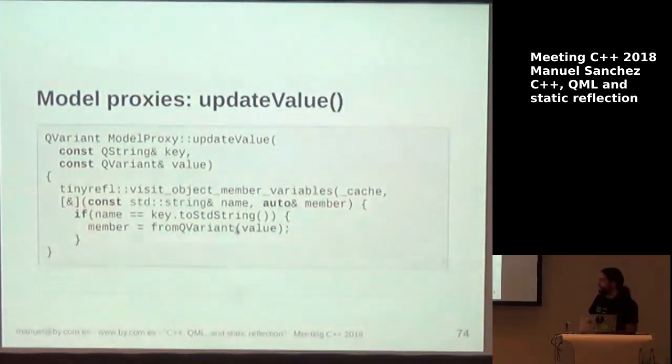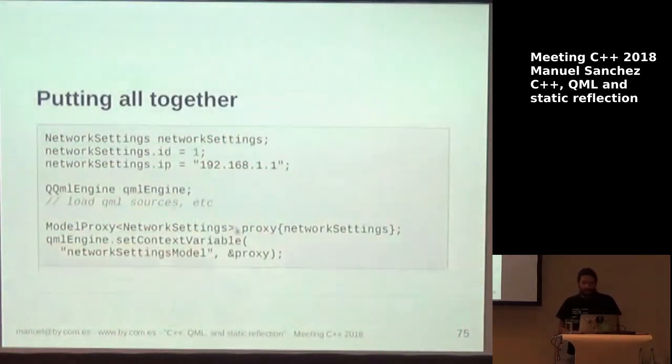So this is how a hello world of an existing C++ model using standard types and a QML engine could look. You have your model, your network settings, with an ID, which is an integer, and an IP address, which is a std::string. Then you run up your QML engine and pass it the proxy to the model.